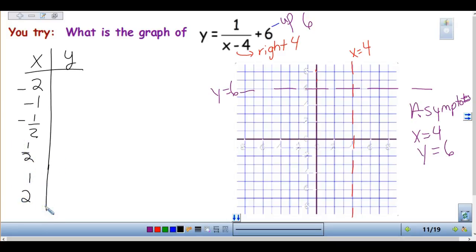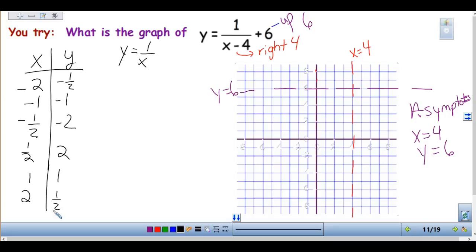So I'm going to plot these and then shift them. We already know, and this is for 1 over x, always for the parent, I'm going to get a negative half, -1, -2, positive 2, positive 1 and a half. Your parent is just 1 over x.